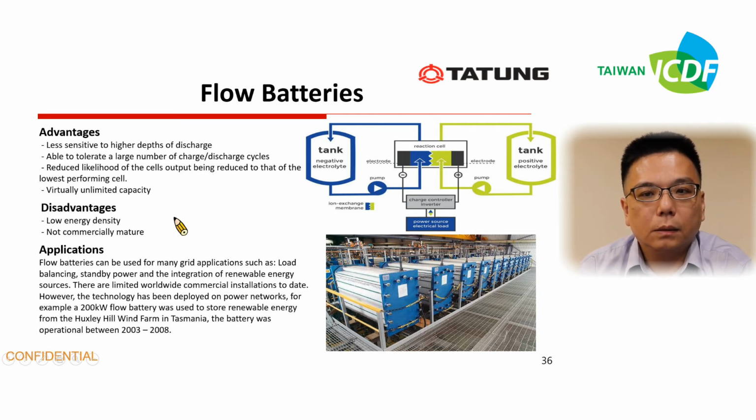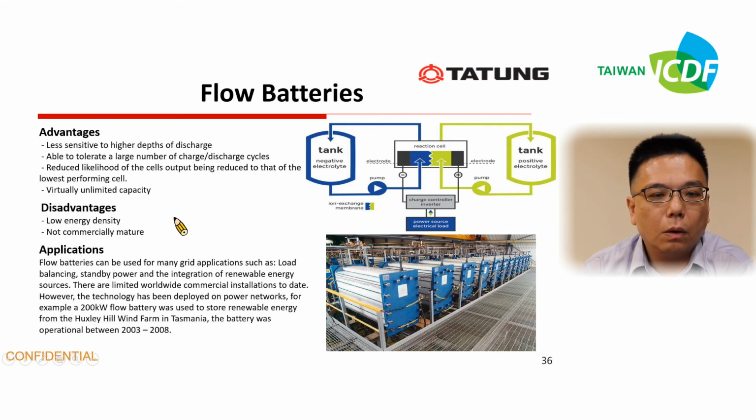But now in the world, some commercial flow batteries can be used mainly for grid applications such as load balancing, standby power, and the integration of renewable energy sources. There are limited worldwide commercial installations to date.